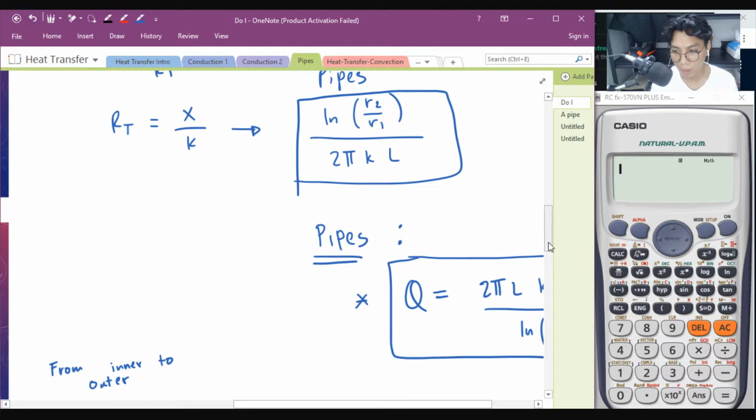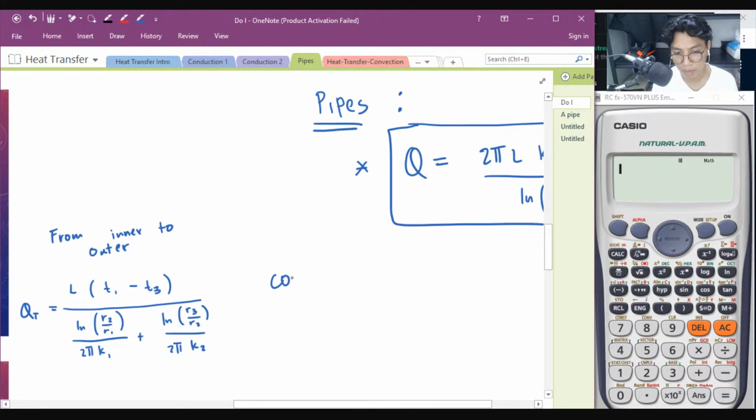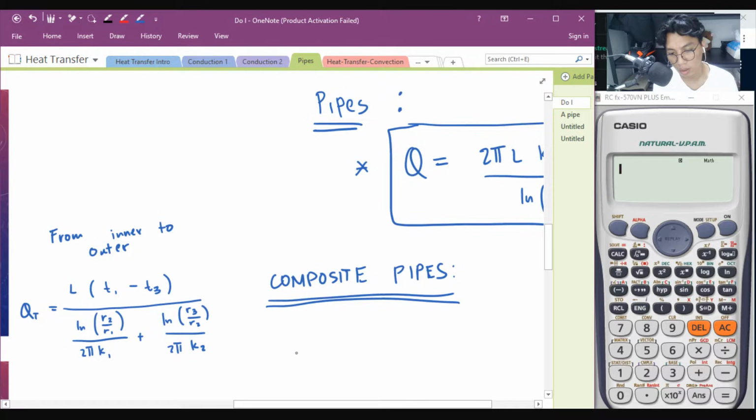Now, kapag sinabing composite pipes, the total heat is, di ba same naman to? Same naman yan. Pwede natin i-factor out. Okay? So, 2 pi L over 2 pi L multiplied to the change in temperature.